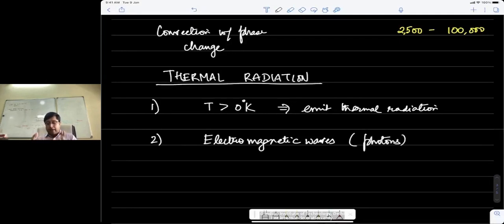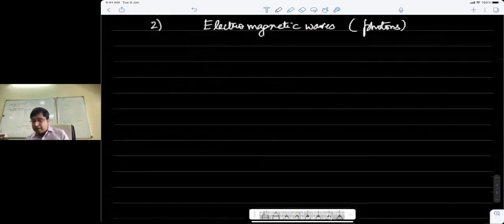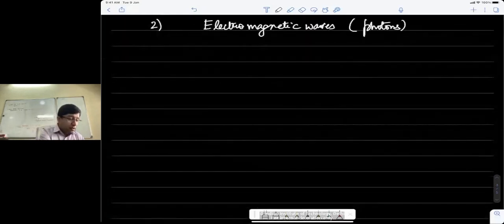The reason why bodies emit electromagnetic waves is a recalibration of the electronic configuration in the structure. When electrons drop from a higher energy level to a lower energy level, they emit radiation. We are concerned with this form of radiation exchange in this course.